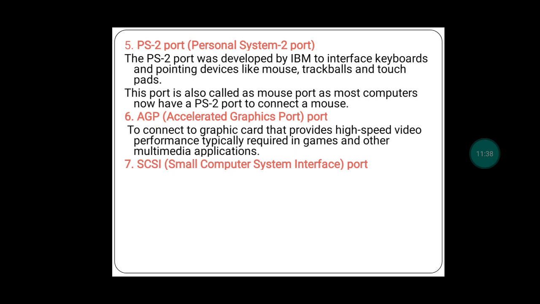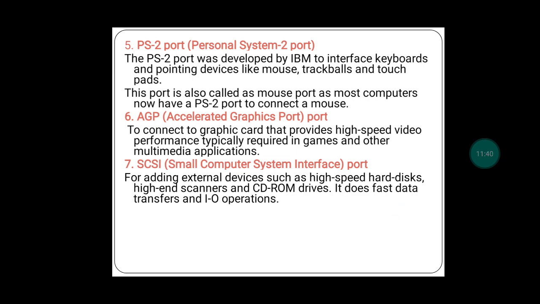So the next port is the SCSI port. SCSI full form is Small Computer System Interface. This port is used for adding external devices such as high-speed hard disks, high-end scanners and CD-ROM drives.